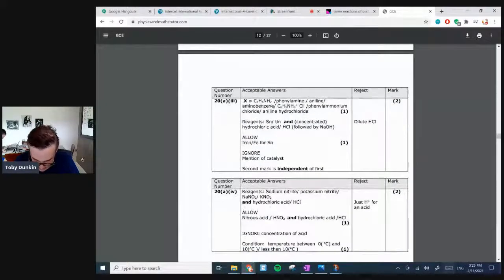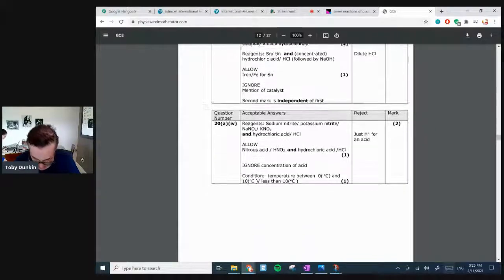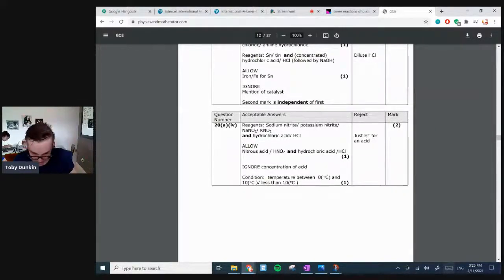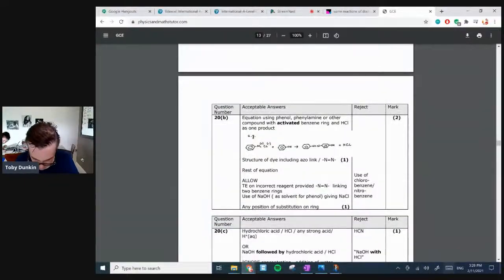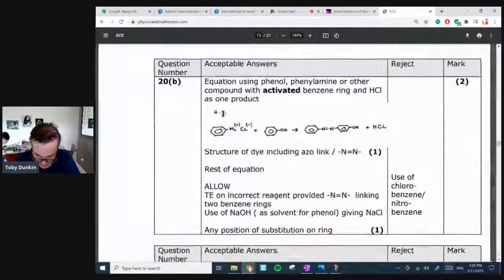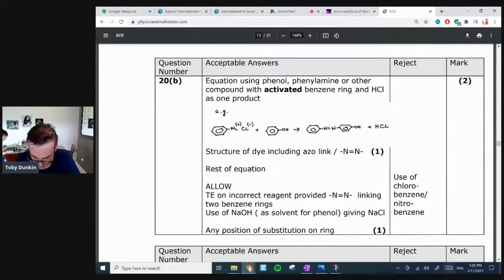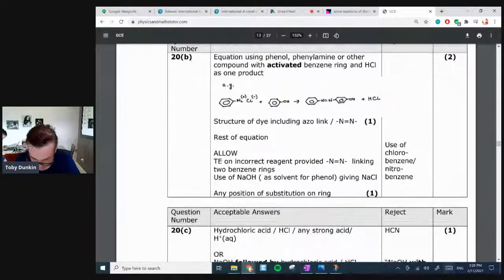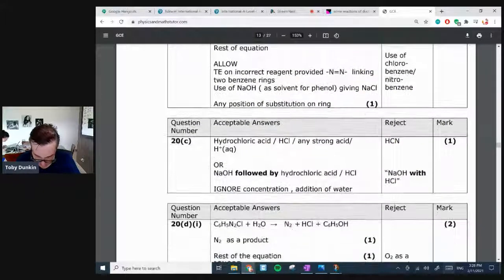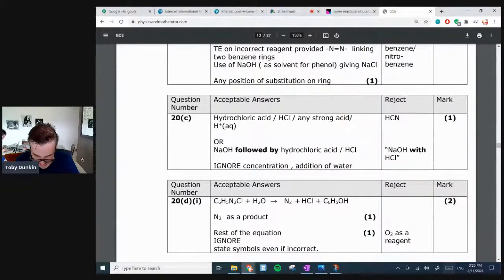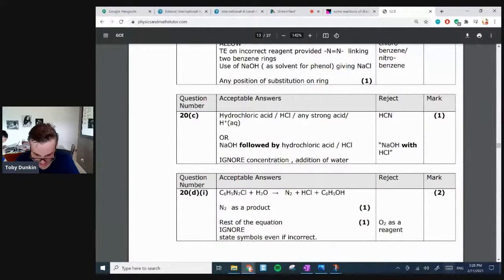Okay. So usual things. There's the tin and HCl. Then it says sodium nitrite and hydrochloric acid, 5 degrees Celsius. Equation, there you go. Structure's allowed, but the Cl is there. And then hydrochloric acid, any strong acid, also followed by 20C.